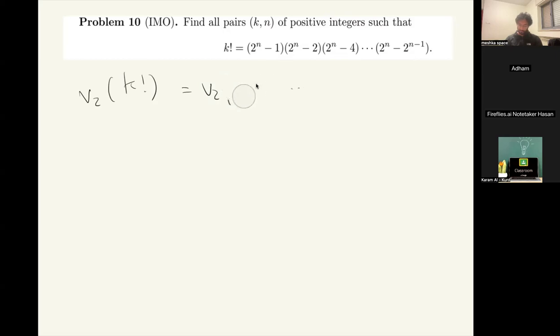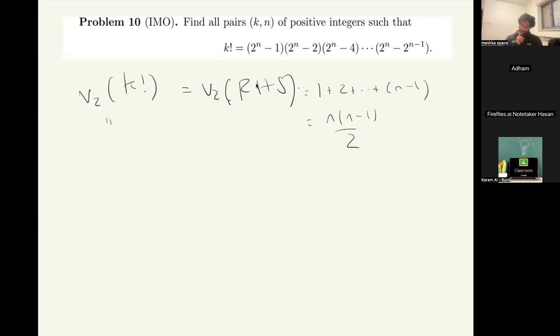Let's just write the right-hand side. What is the valuation of the right-hand side? You know what it is exactly, right? Because you get 1 plus 2 all the way to n minus 1, that's the number of factors. And so this is exactly n times n minus 1 over 2.